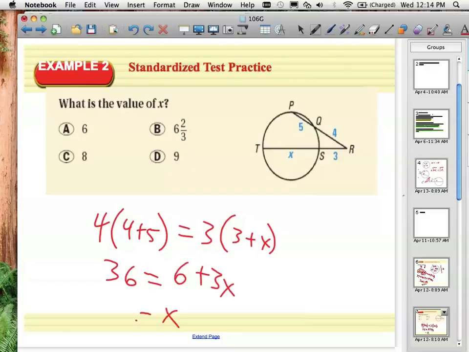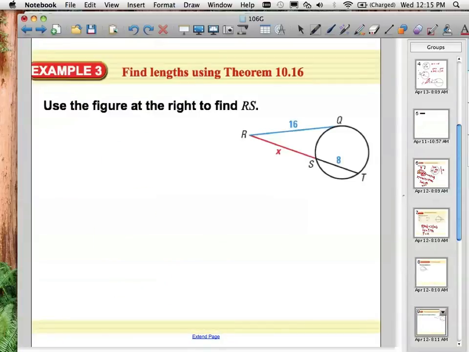X equals what? 689. Thank you. Perfect. Maybe something was wrong because there was no answer. So we subtract 9, we get 27 divided by 3. Is that okay? Good? Let's try the last one.